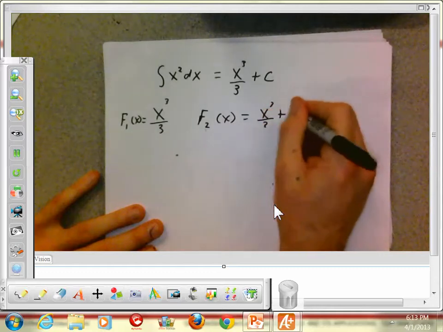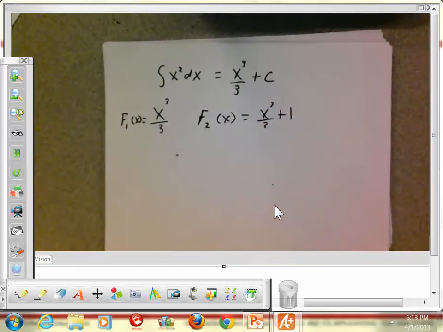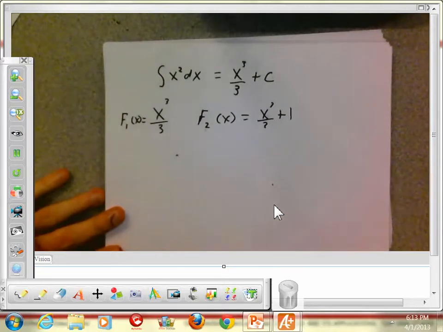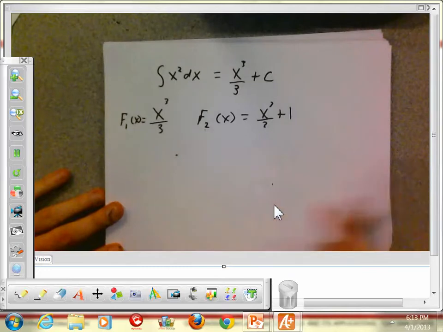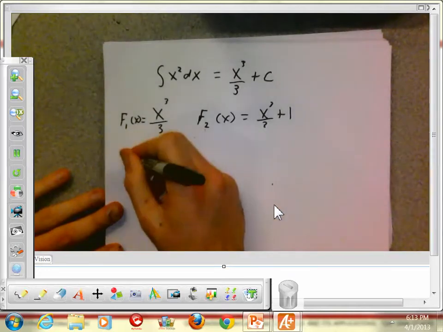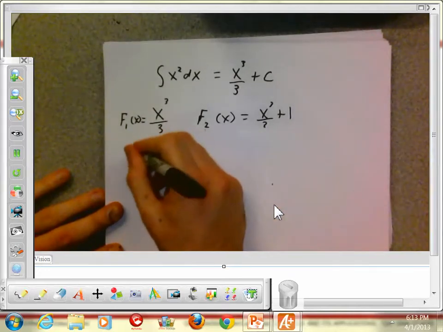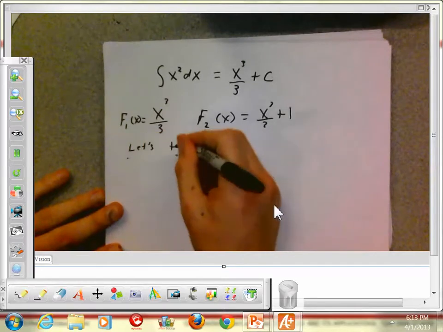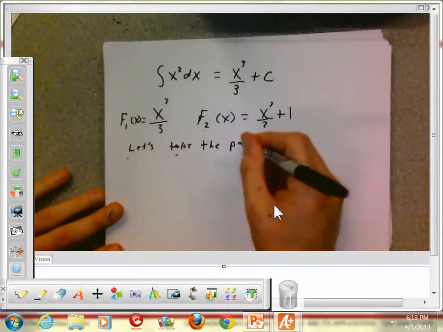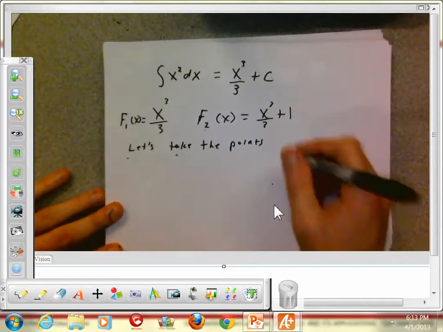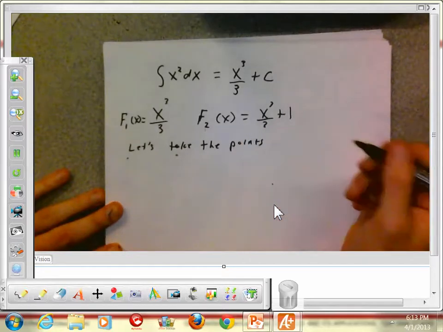Remember, the derivative of a constant is 0, so it's not going to affect anything here. Okay, let's take two points, say 0 and 1.